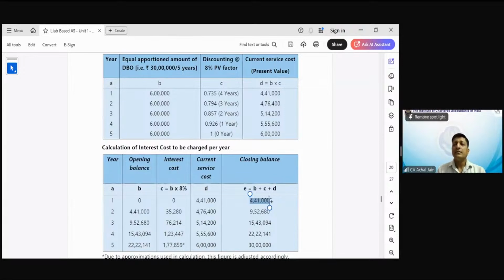Correct? So on this liability which is appearing at present value, in the second year, will you book interest or not? We discussed that on this liability which you record at present value, every year you have to accrue interest. So will you accrue interest or not?